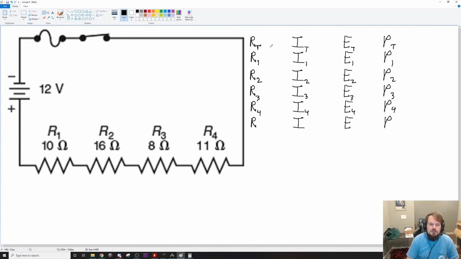Okay. So we got 10 ohms, 16 ohms, 8 ohms, and 11 ohms. Then 12 volts.